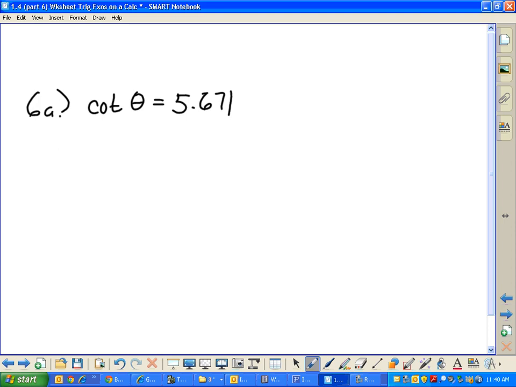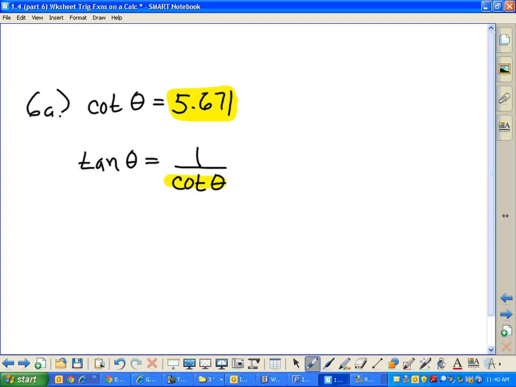So what I can do is find tangent by using that reciprocal identity that has cotangent in it. We know that tangent is the same as 1 divided by cotangent, right? So all I have to do is take this value I was given for cotangent, and plug it in.